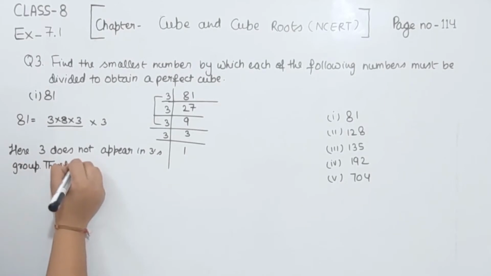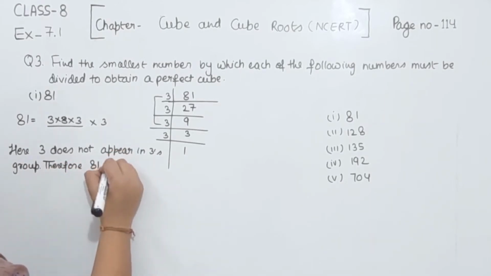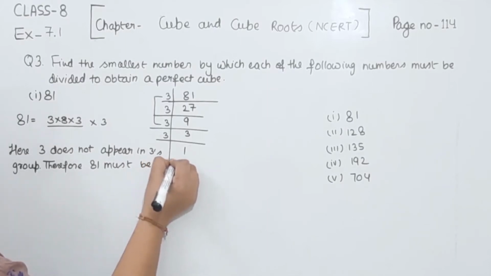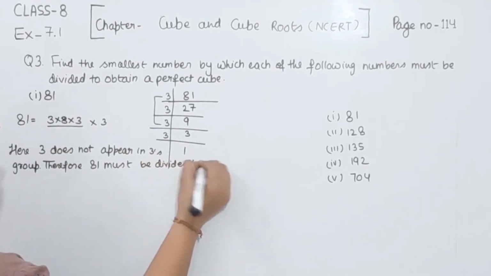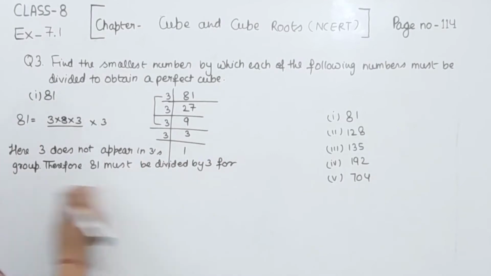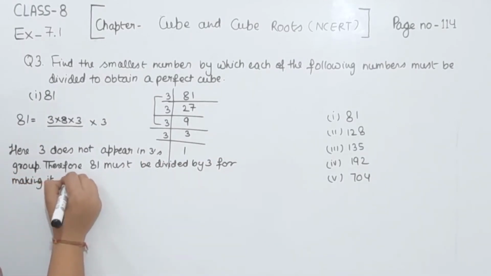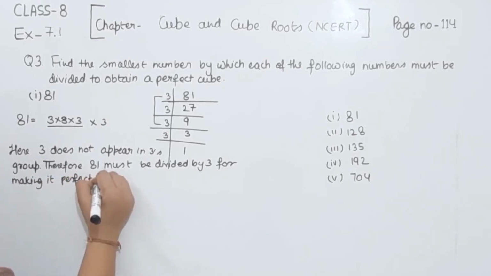Therefore 81 must be divided by 3 for making it a perfect cube. This is part 1.